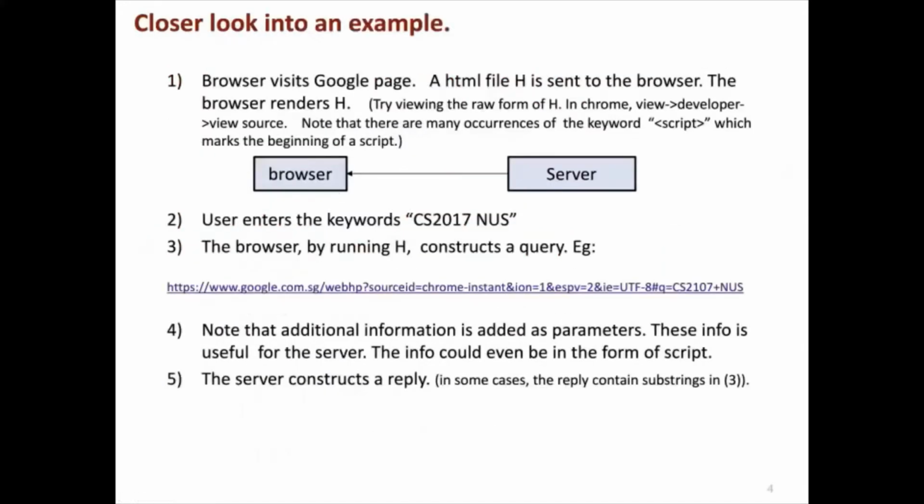When we visit the Google page, the HTML page will contain script files, and it is running. When the user enters keywords, the script files will construct a query based on these keywords, and that query is this one. You construct this query and send it to Google again.